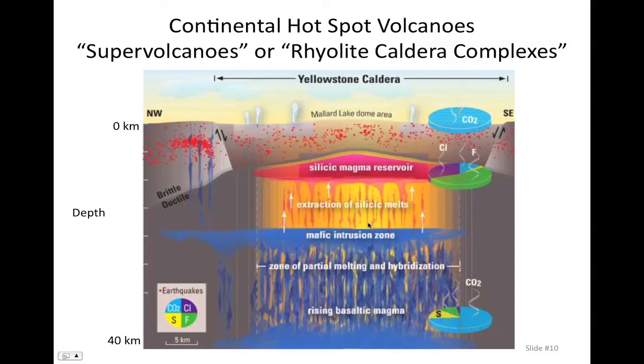So we keep a very close eye on all of that. As part of this module, I should have posted a video, if it's still available, sometimes it is, sometimes it isn't, on supervolcanoes. It's done by National Geographic, and it will give you a lot more details that I'm not going to give in the lecture.